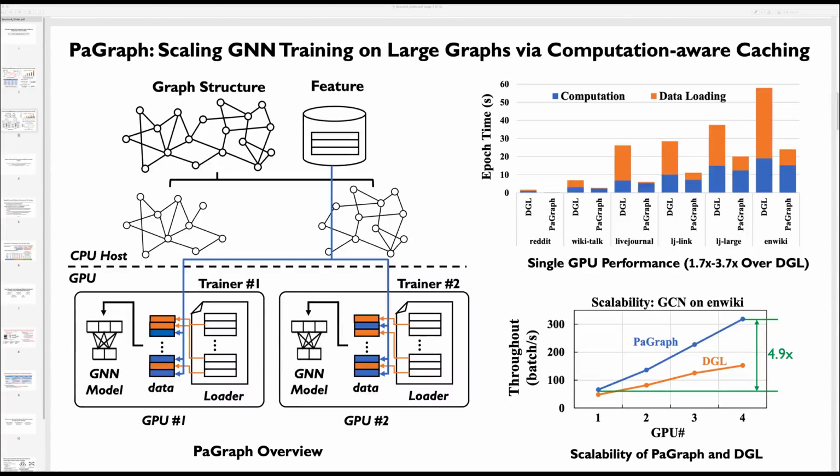Since feature loading is very general in most GNN training systems, we observe from this and use sampling-targeted training. I think this is some kind of general way to solve the high cost of data loading problem.